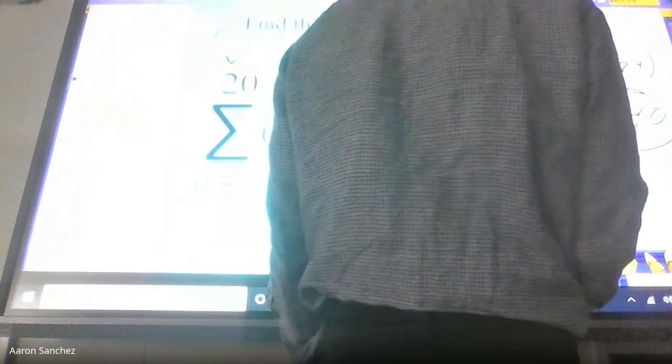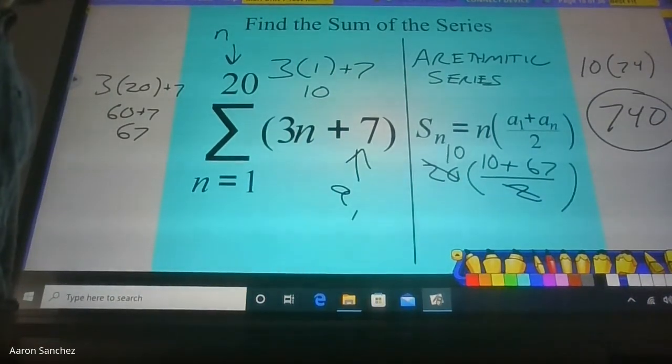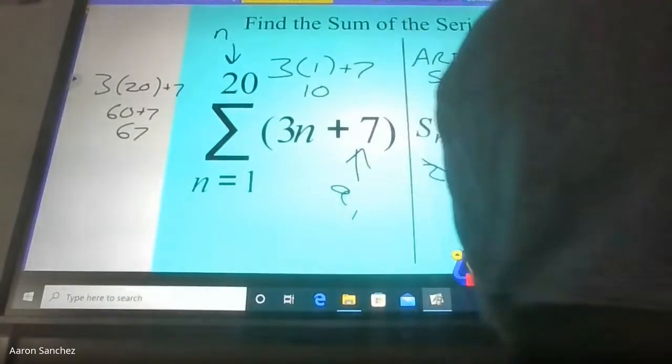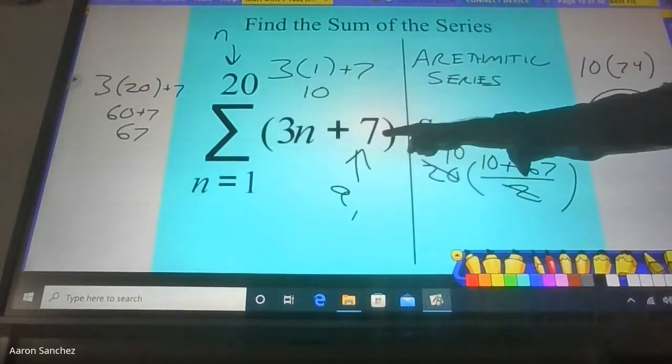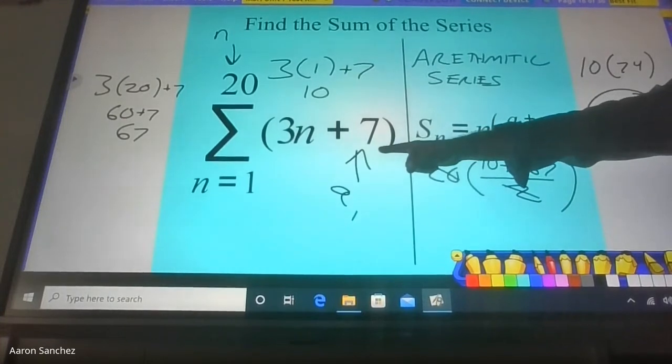Can I erase this? So this should be 10. 10 plus, right? Yeah, that gives me 770. So a sub 1, I'm sorry, what is that? That's a sub 0. That's the 0 term. Remember that? I forgot.